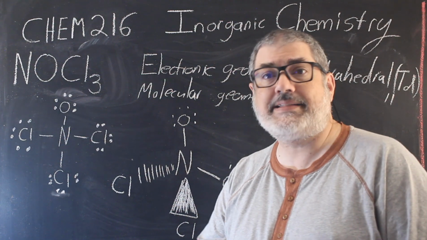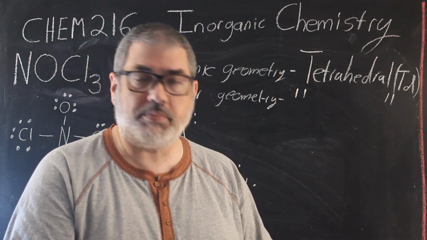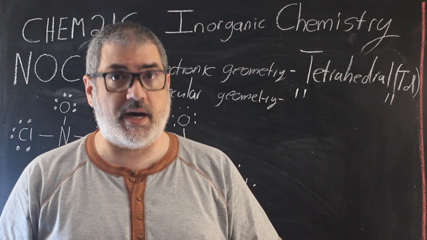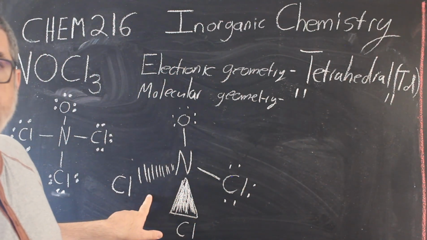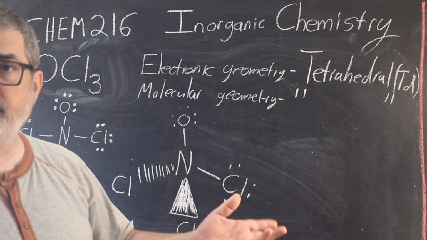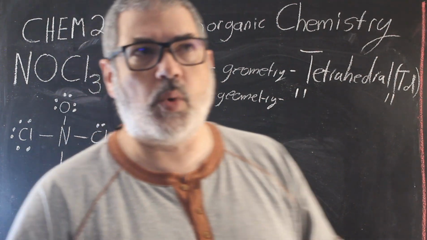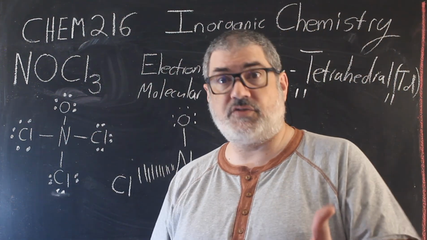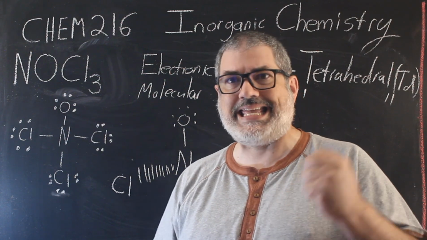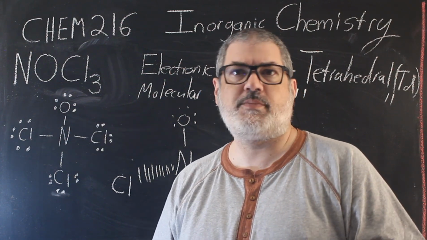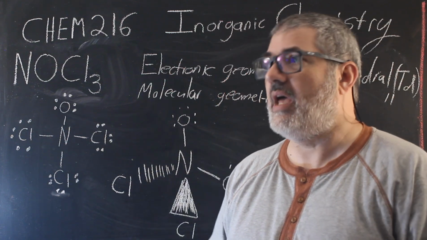I did not ask it on this particular quiz, this problem set, but you should know the bond angles associated with the geometries. In the case of ideal tetrahedral, these bond angles are 109.5. Again, this is something we will review going forward because it's very important to understand these geometries. In transition metal complexes, we can get a host of geometries.